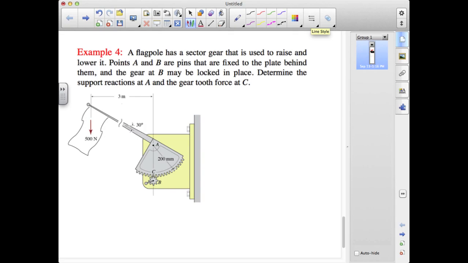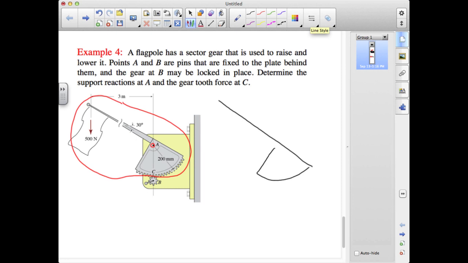Our isolating surface for this rigid body will look like this. We'll be cutting through the interface between the sector gear and the smaller spur gear at C. We'll also be cutting through the bearing here at A, which is where this sector gear, this rigid body, is supported. So our free body diagram will look something like this.